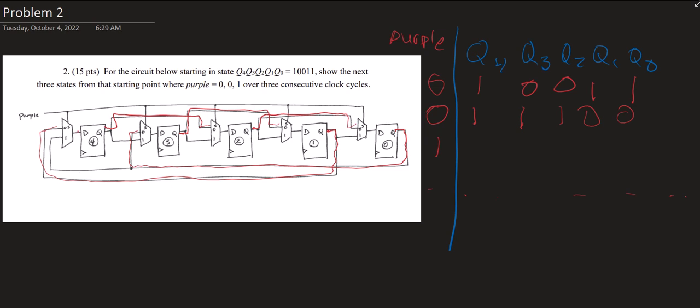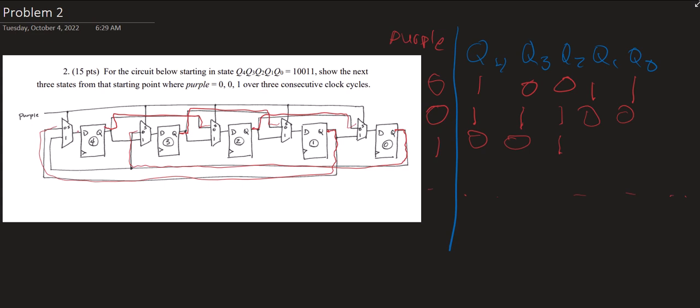So for Q4, we determined that what was going into the 0 was Q1, which is 0. And for Q3, what was going into the 0 was Q0, which is 0. For Q2, what's going into the 0 is Q4, which is 1.